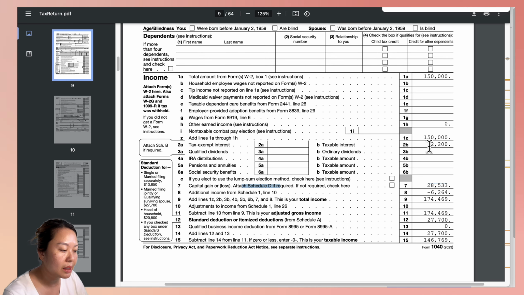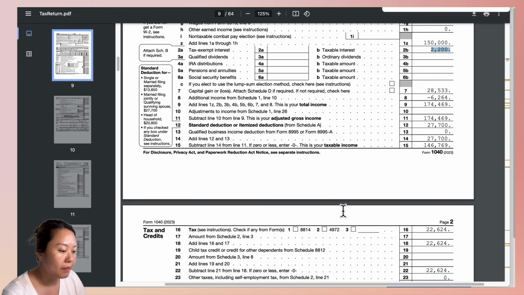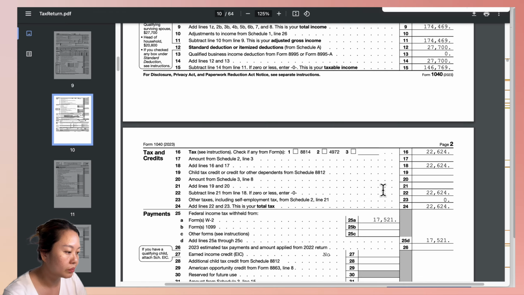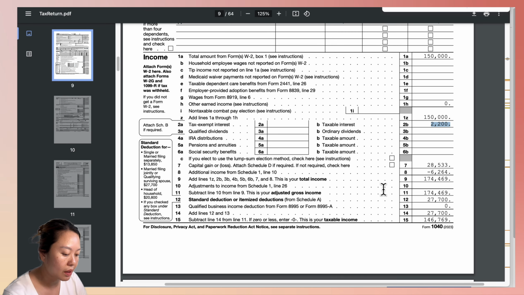And then remember that interest, that 2,200 that the buyer pays us for the installment interest, goes straight here. Usually that goes to Schedule B, and then Schedule B goes to the 1040 eventually.